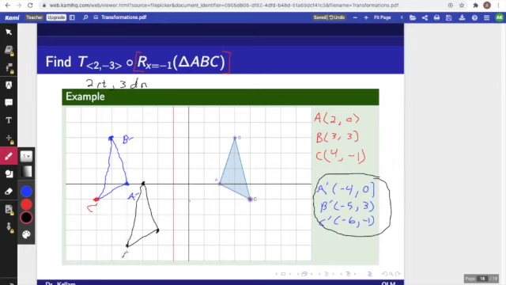This would be our image, which is going to be C double prime, A double prime, and B double prime, just to stay consistent with the notation that I've used here. So this transformation yields this shape here.